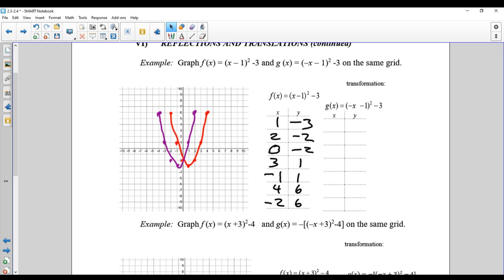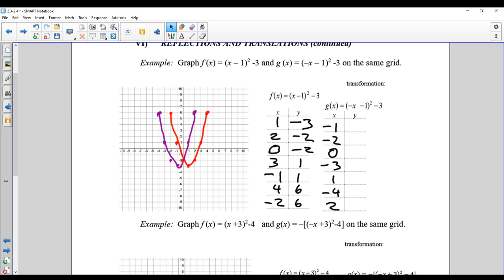So exactly what Charmaine just said, we're going to just simply change our x values. We're trying to reflect on the y. All the x values change sign. So 1 becomes minus 1, 2 becomes minus 2, 0 cannot be changed. It's just going to be 0. 3 becomes minus 3, minus 1 becomes positive 1, 4 becomes minus 4, and minus 2 becomes positive 2.